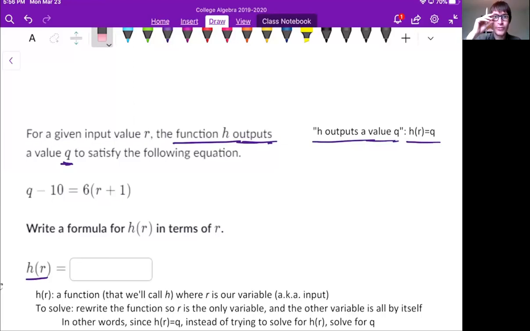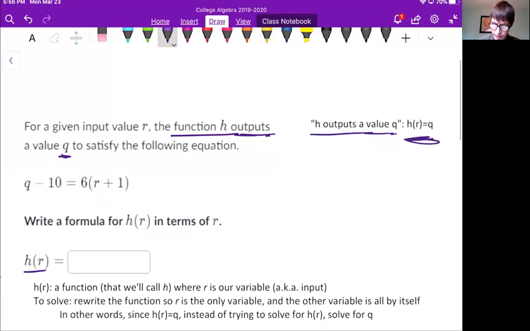So in order to solve this, what we're trying to do here is find out what q equals. Because h of r equals q, if we can replace h of r with q and say q equals something, then we'll know the answer.